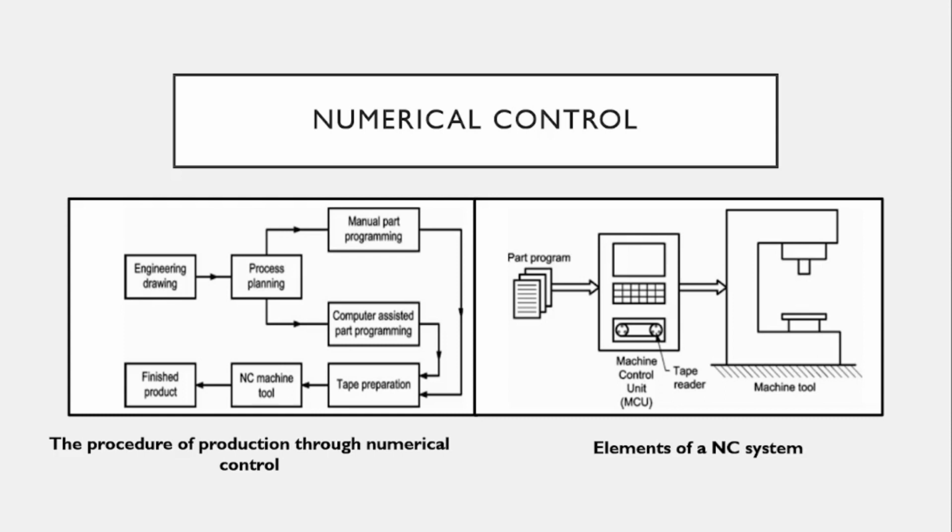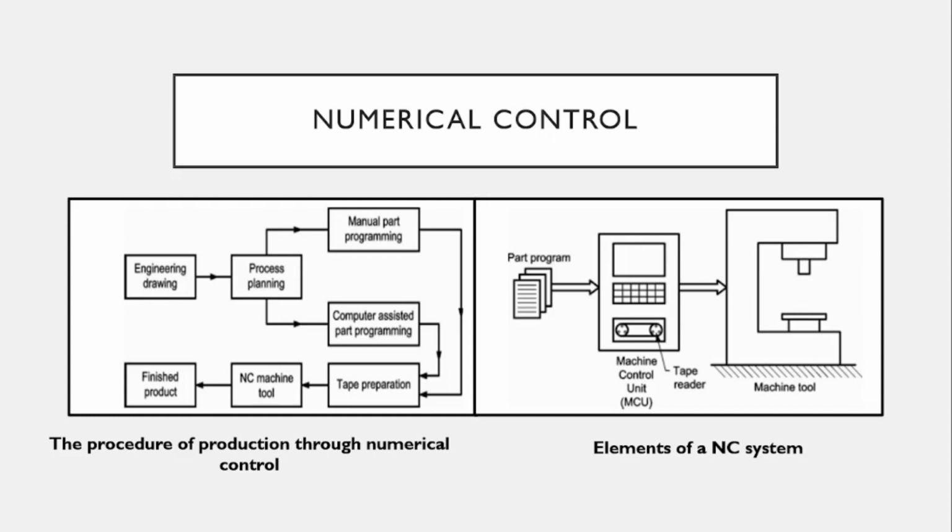Both move to the tape preparation. After the development of the part program, whether manual or computer assisted, it moves to the tape preparation. From the tape preparation, it moves to the numerical control machine tool, and finally the product will be developed with the help of the numerical control machine tool.